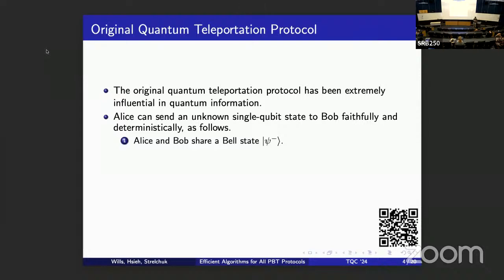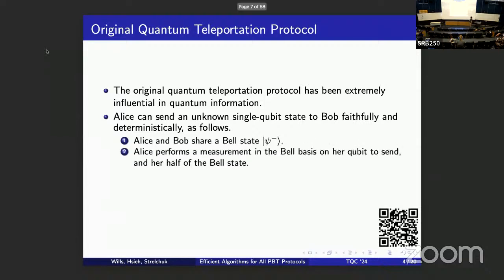And the basic premise, as we know, is Alice and Bob start by sharing some entanglement, so let's just say they share a Bell state. And Alice then has the qubit she wants to send, and she performs a joint measurement on her qubit to send and on her half of the Bell state. In particular, she does a Bell measurement. She then communicates the outcome of that Bell measurement to Bob via some classical channel.